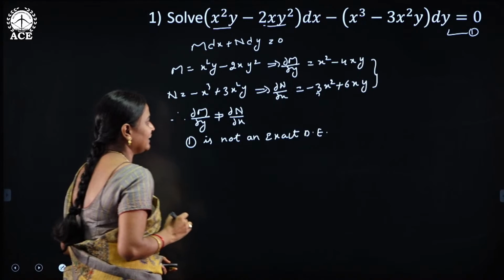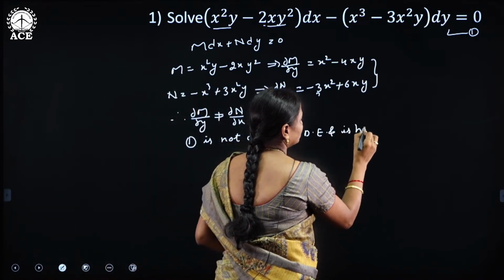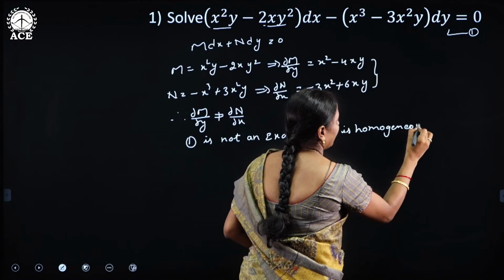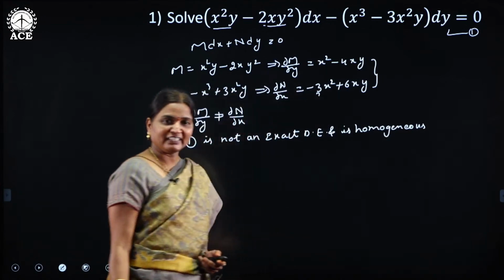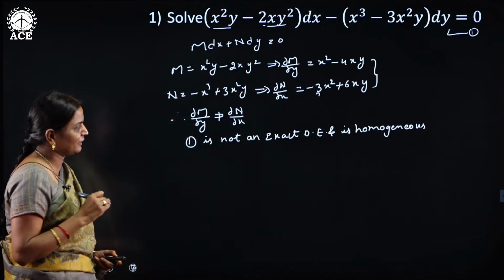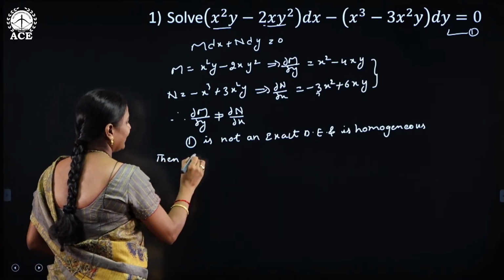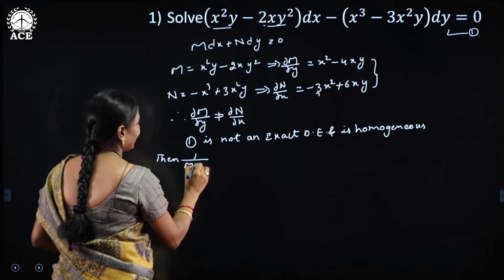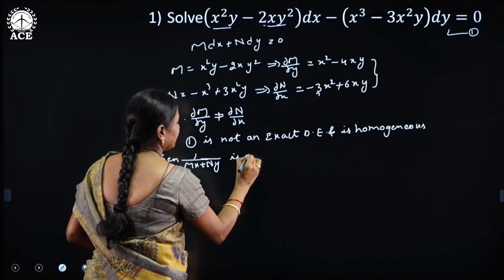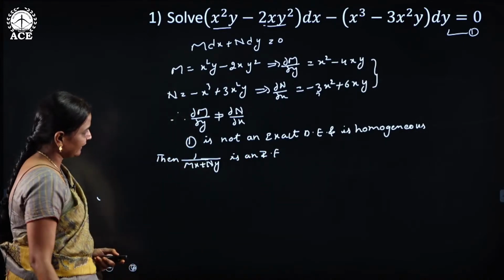So equation 1 is not exact and is homogeneous. If it is homogeneous, what is our first method? Then 1 by (Mx plus Ny) is an integrating factor.